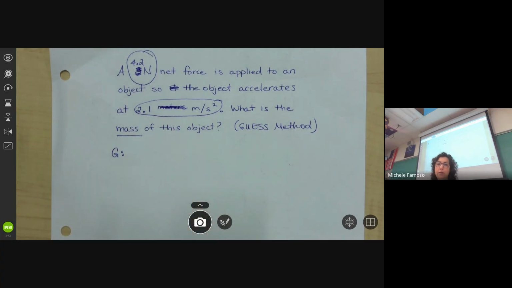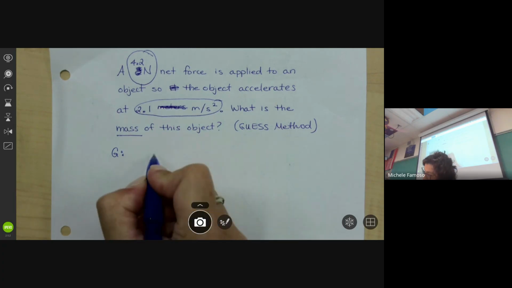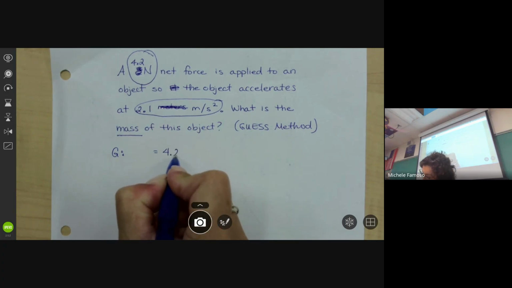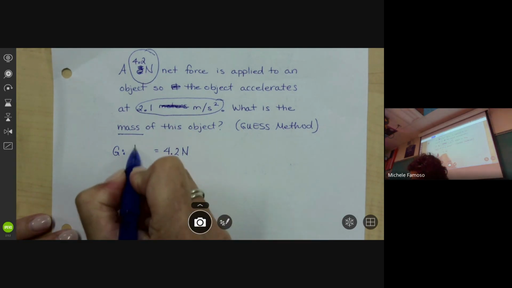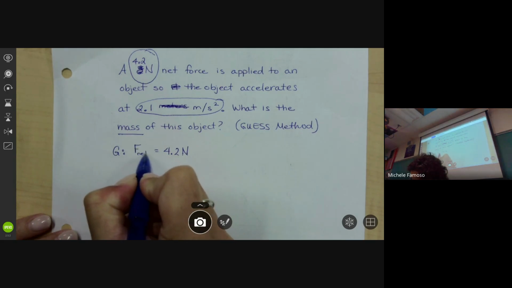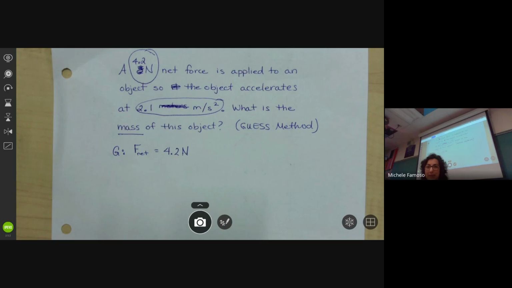Now we're going to start with our givens. The first measurement we have is 4.2 capital N. What is that a measurement of? It's a measurement of something called net force. Look at page 6. Can you tell me what symbol we use for that, Ryan? Yep, F net, F subscript net.